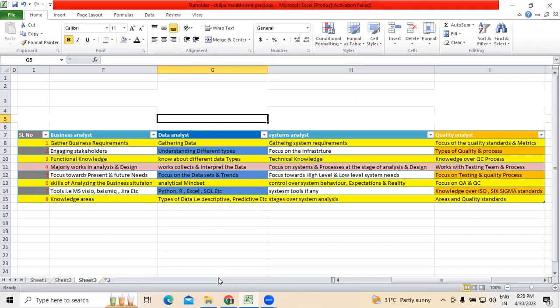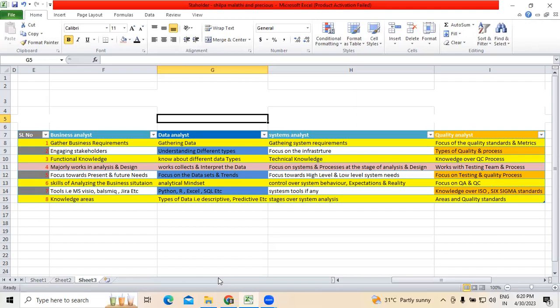So the systems analyst focuses on the systems. Systems means what technology we require to use, which kind of systems we want to use, the infrastructure of the systems. This is what generally the systems analyst role is. Earlier, in the beginning days, we used to have two different roles, but nowadays you can see some profiles called business systems analyst, right?